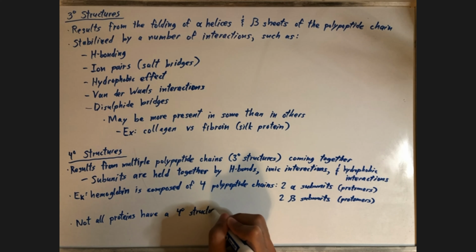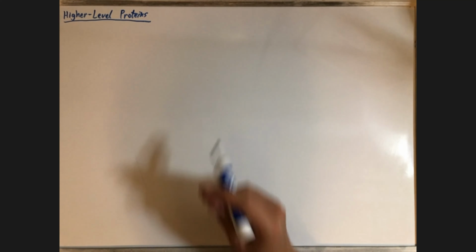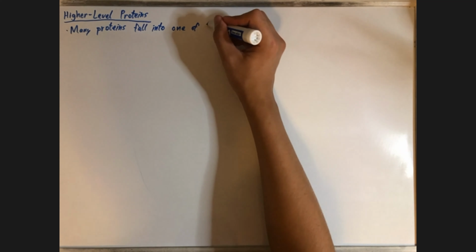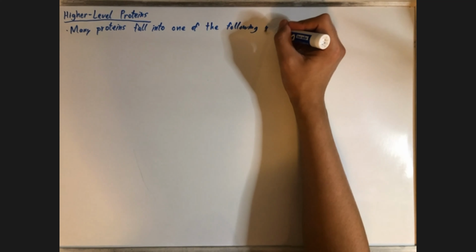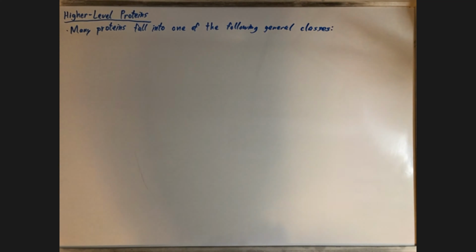As we get to higher levels of proteins, we can learn to classify them into 4 general classes. Many higher level proteins can fall into one of the following general classes.